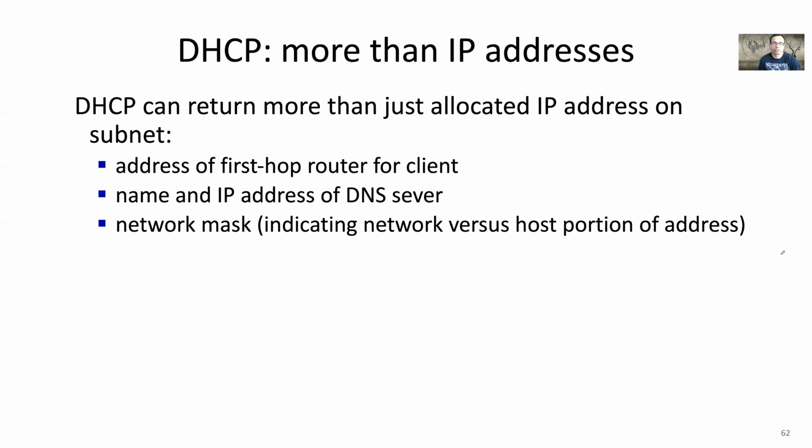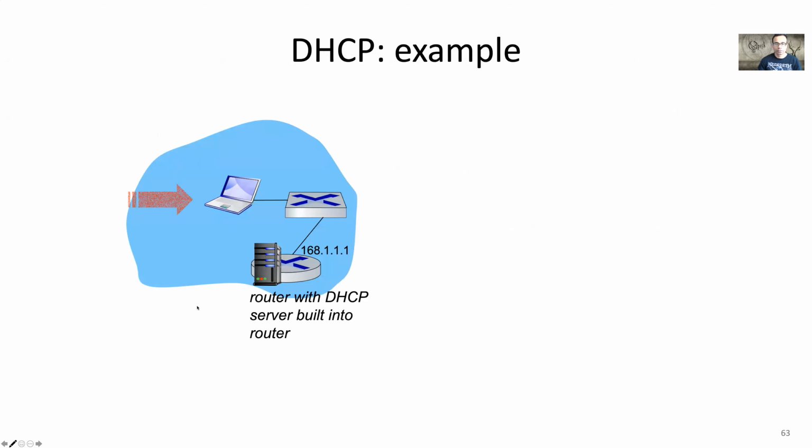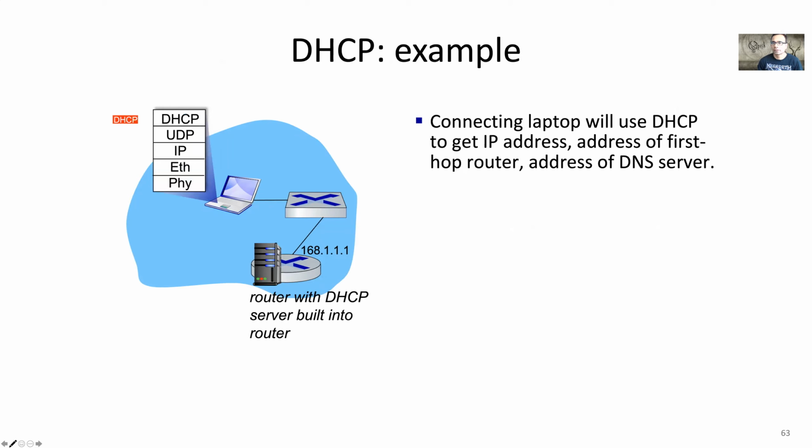So things like the address of the first hop router that's to be used for the client, the addresses of the local DNS servers that are on the network, usually the primary and the secondary, the network mask, which I talked about, which, as you will see later, will be useful for the host, when it's sending a packet, to quickly figure out if the destination is on the same network or not, right?